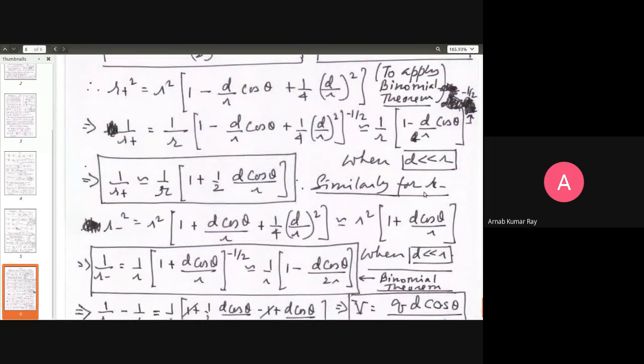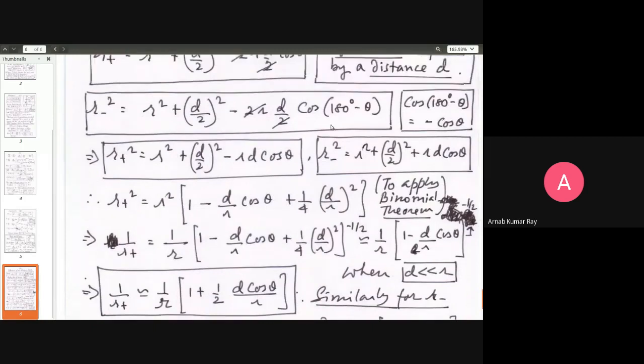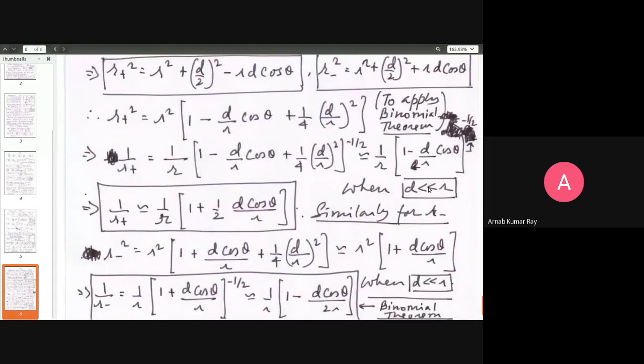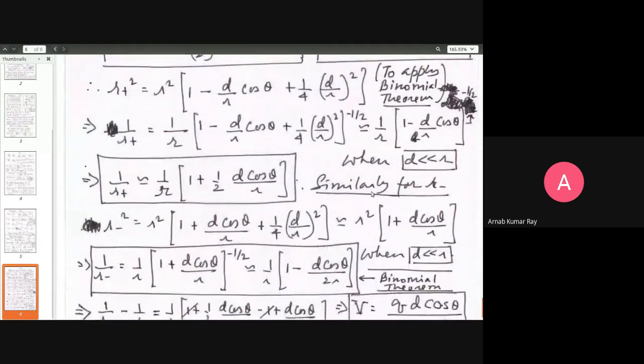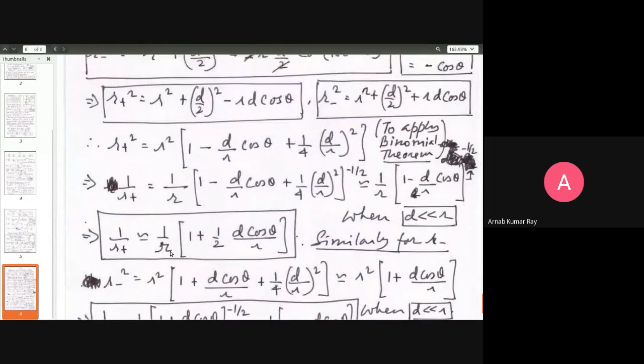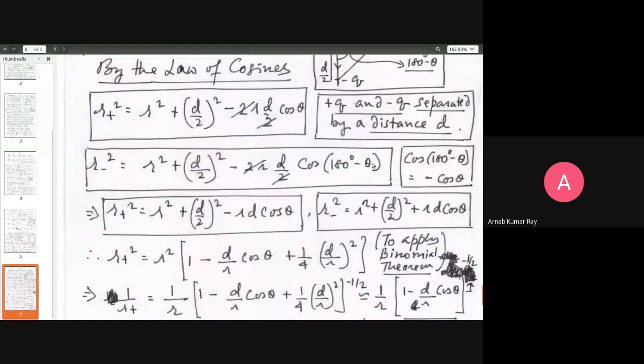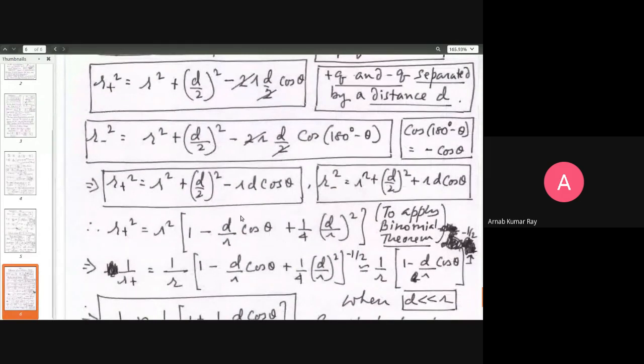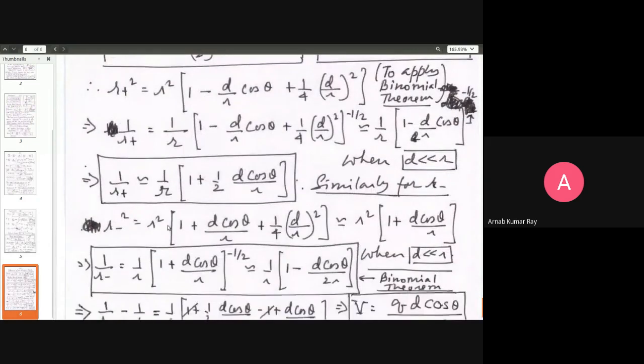Now we go for r minus. The same logic that we have to apply here. r minus squared is equal to r squared plus d by 2 squared plus r d cos theta. Whatever I have done for the r plus, you'll do the same thing for the r minus. r squared, 1 plus d by r cos theta plus 1 by 4 d by r squared.